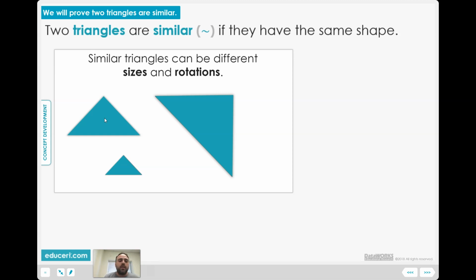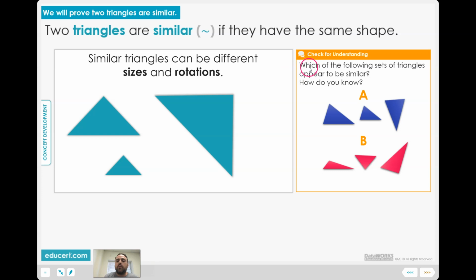It's the same image, you're seeing it bigger or you're seeing it smaller. If you rotate the image, you're just seeing it at a different angle, but it's the same image. This picture of me down here, this is a similar image of me because it's a smaller size. So that's what we mean by the same shape.